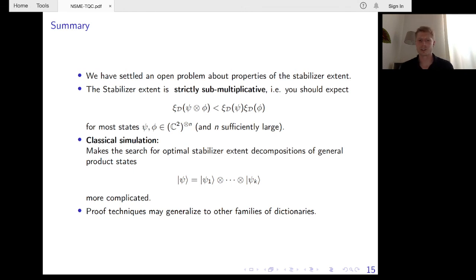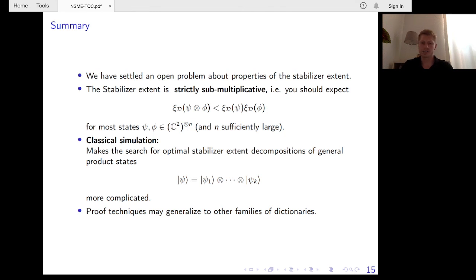And the consequence for classical simulation is the following. If you want to search for an optimal stabilizer extent decomposition for your classical simulation algorithm, this might be hard for general product states. If you compare this to the original result, if all your components here are 1, 2, or 3 qubit states, then computing the extent is easy. But if these components are states of higher numbers of qubits, then this might get harder.